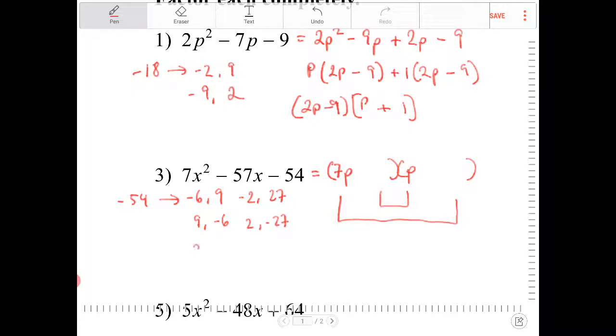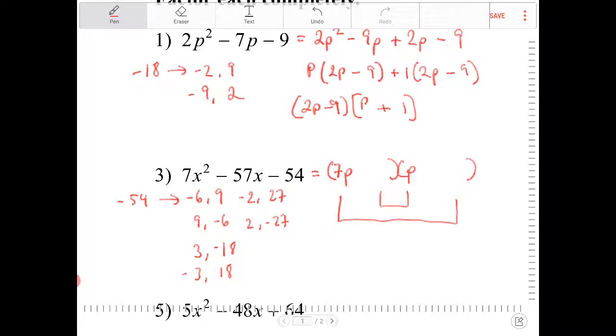We can also have 3 and 18, negative 18, or negative 3 and positive 18. But again, if you have a little bit of number sense, you should be able to tell.